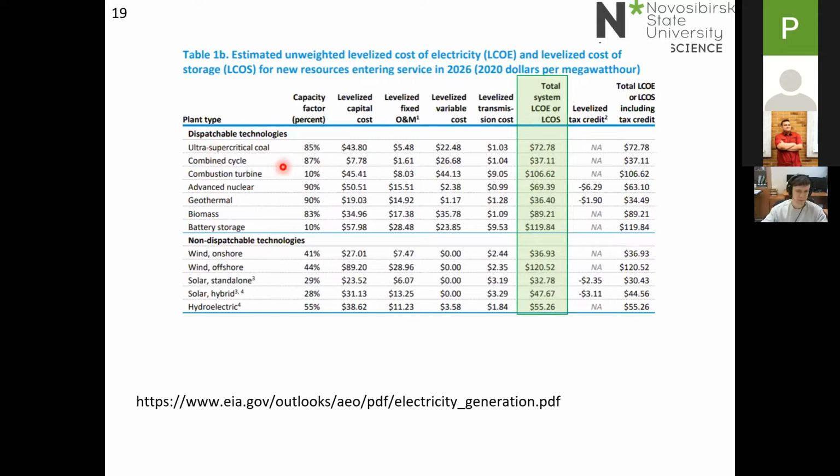Not always, because you can see even technologies like coal and nuclear don't have 100% capacity factor, because sometimes a coal-fired power station breaks down. Sometimes a boiler has to shut down for maintenance or a turbine has to be shut down for maintenance.